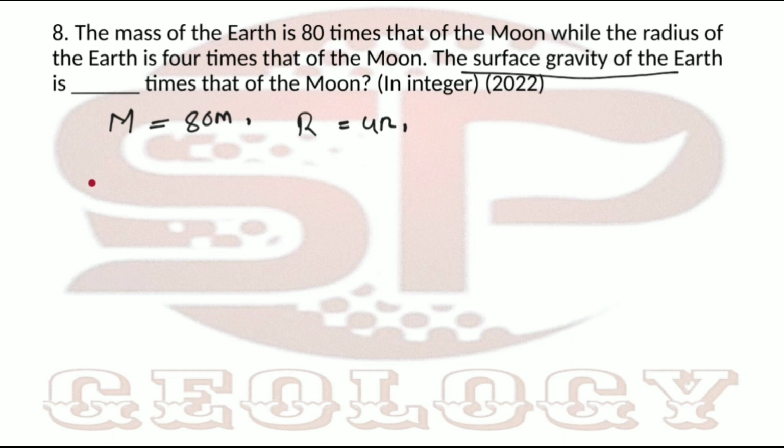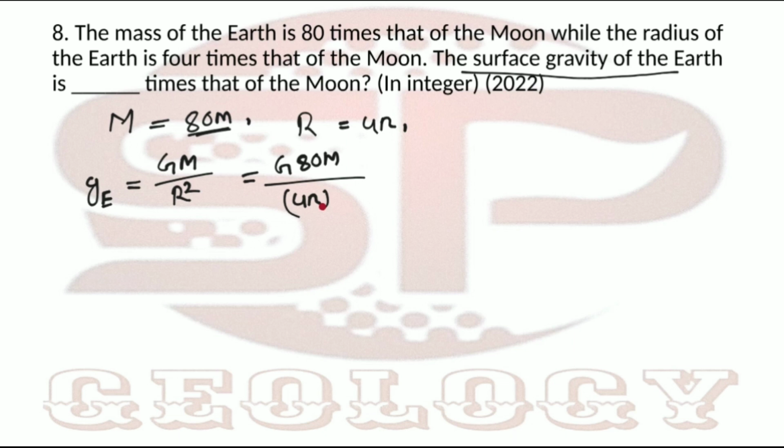So the surface gravity g of Earth we can calculate by G M by r square. For the Earth, M will be 80 m, so you can put 80 m in place of M, divided by 4 r square.